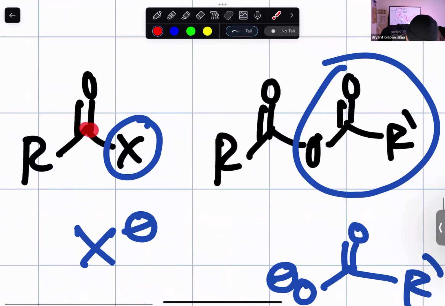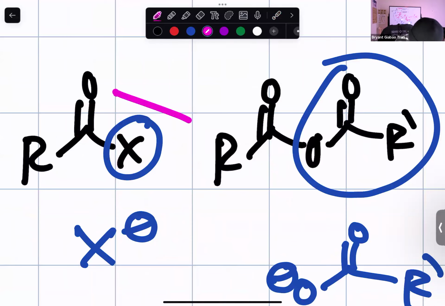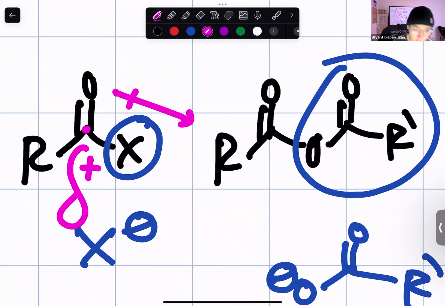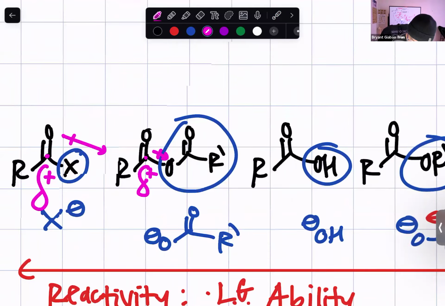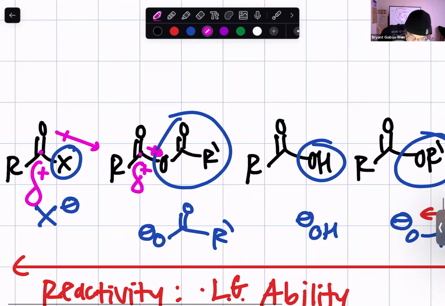So if we look at this carbonyl carbon of the acyl halide right here, this halogen is the most electronegative atom, which is going to withdraw the electrons, making this carbonyl carbon the biggest partial positive charge, right? Oxygen is not as electronegative, so the partial positive charge of the carbonyl carbon is not as positively charged, right?